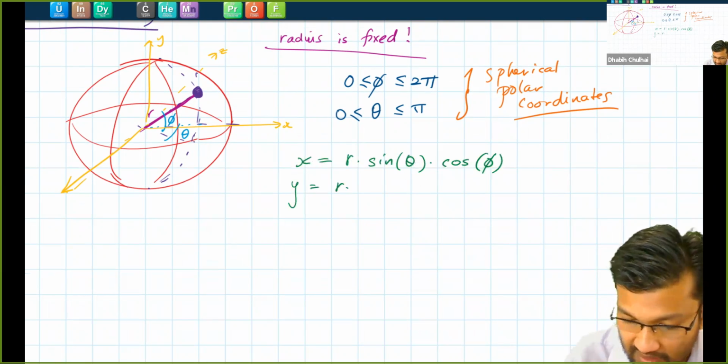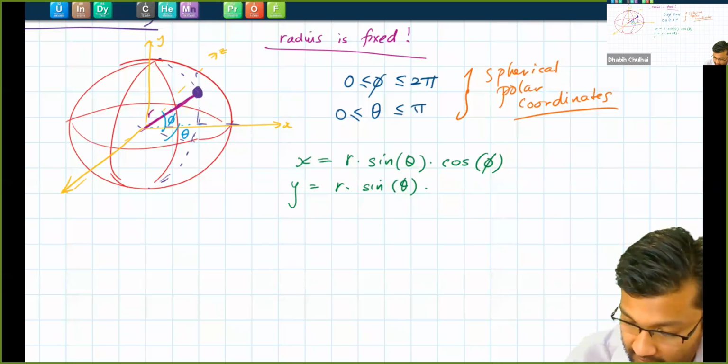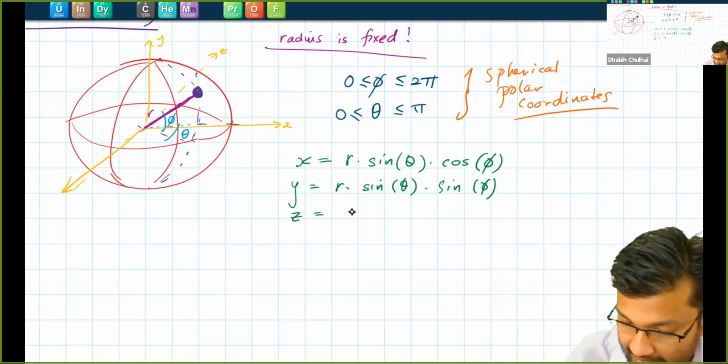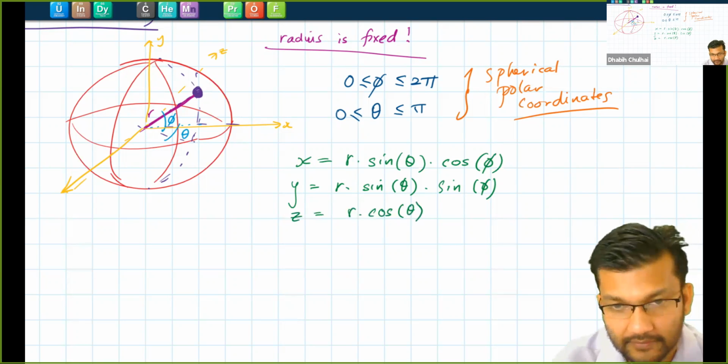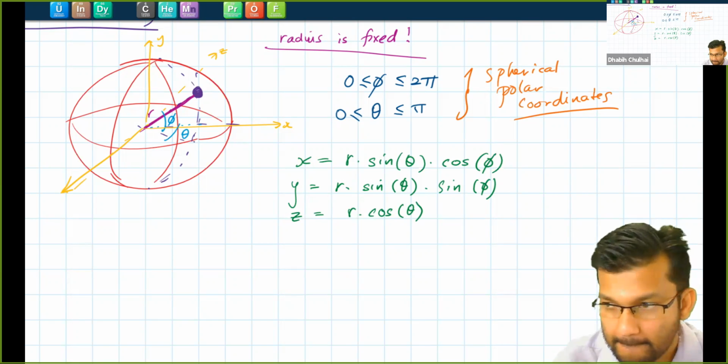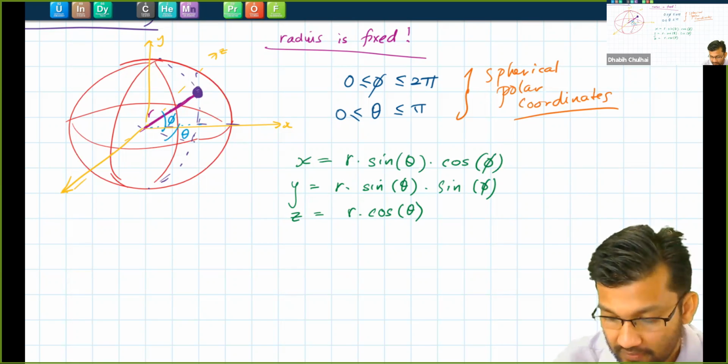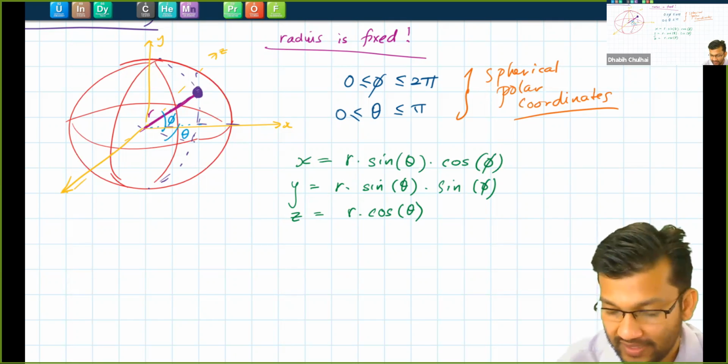Y is r sine theta sine phi. And z is r cosine theta. So that's how we translate between Cartesian and polar coordinates.